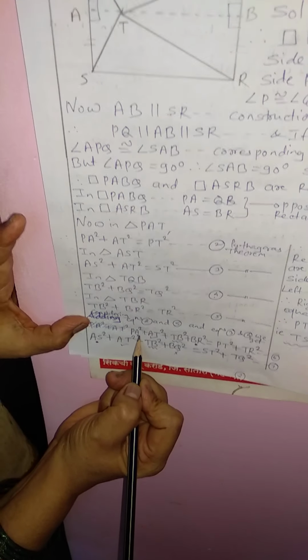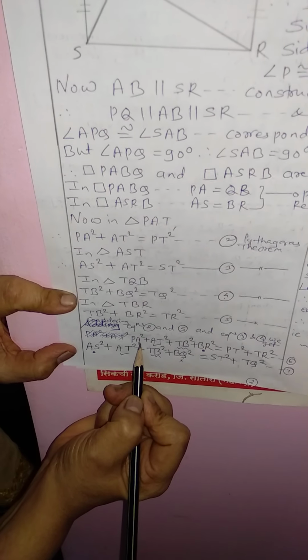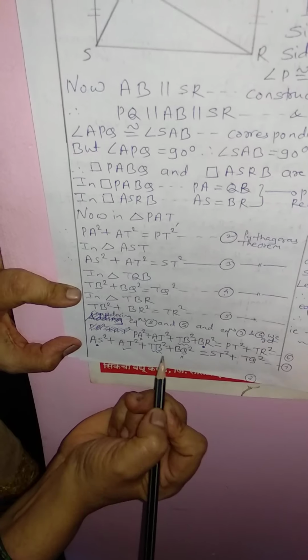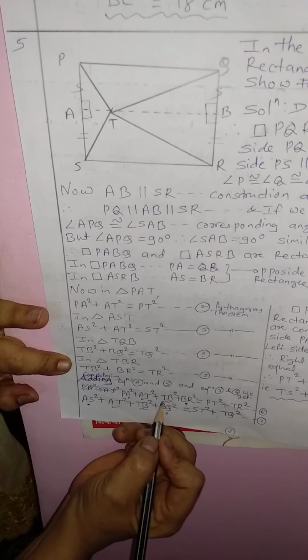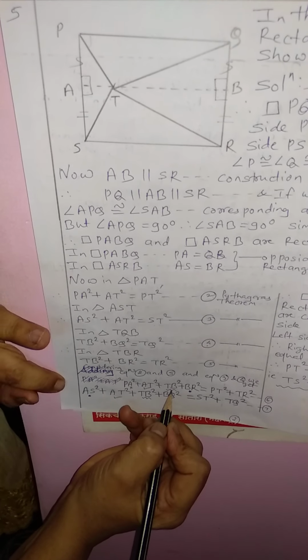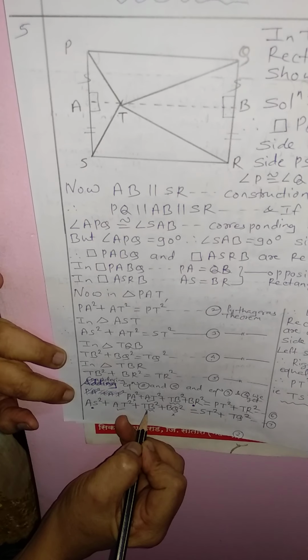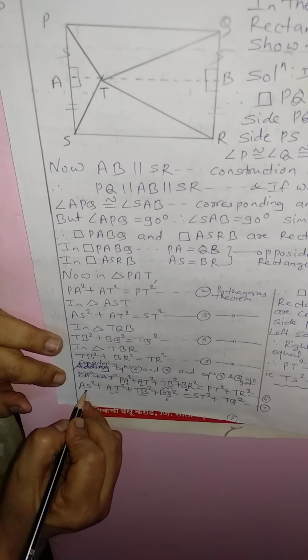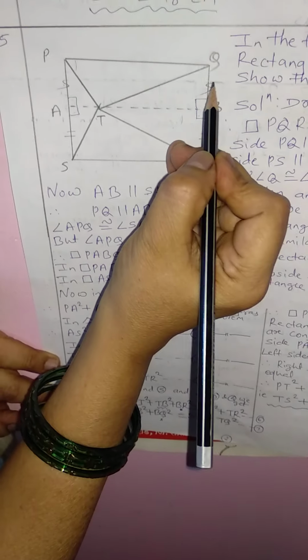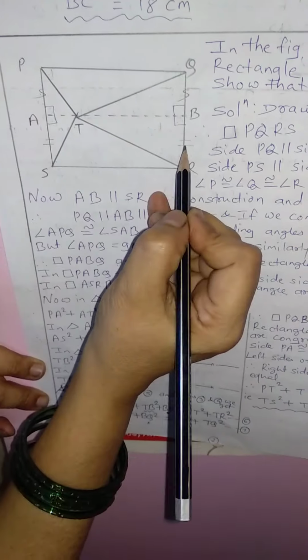Now, see here. PA square is shown by this, which is equal to BQ square. See the figure. AT square is AT square. TB square is shown by this symbol, which is here TB square. BR square, which is shown by this symbol, is equal to this. Means this side and this side, this side and this side.